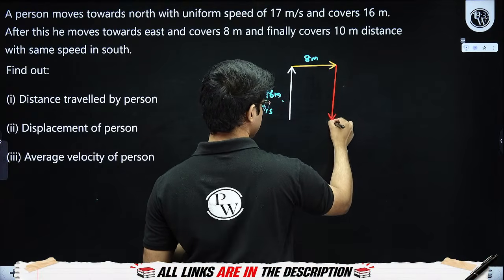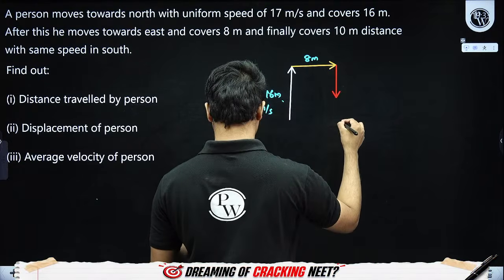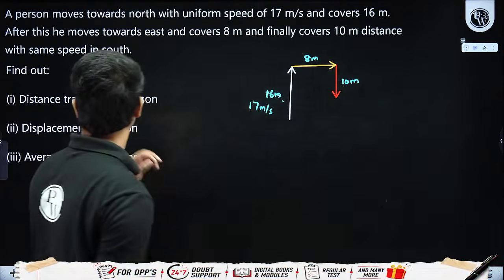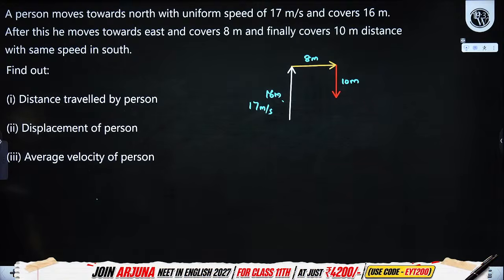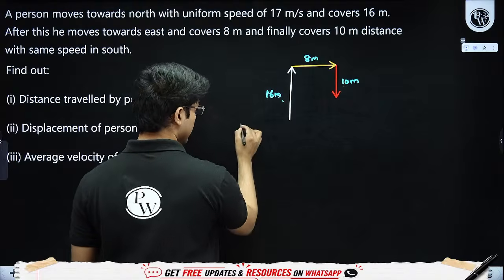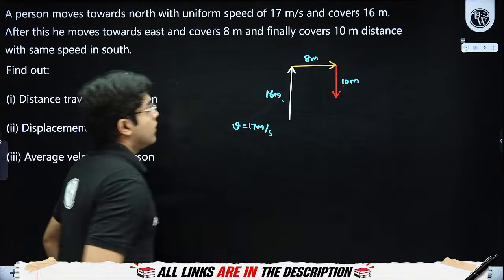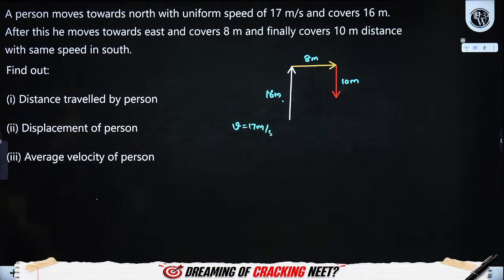Now, this is 16, right? 10 will be lower than that, something like this. This is the 10 meter displacement along the south with the same speed. In the entire journey, the speed is the same, 17 itself.